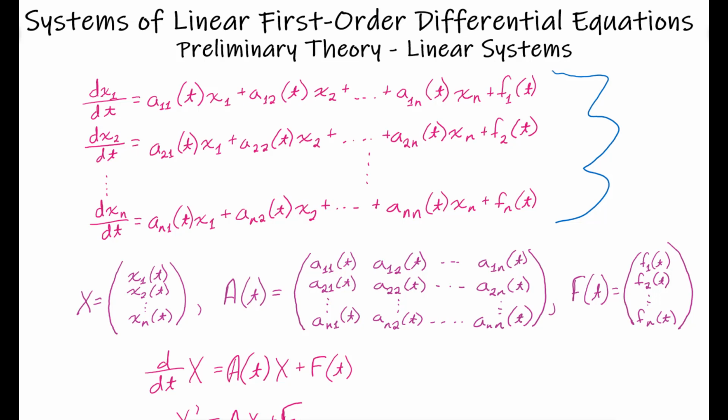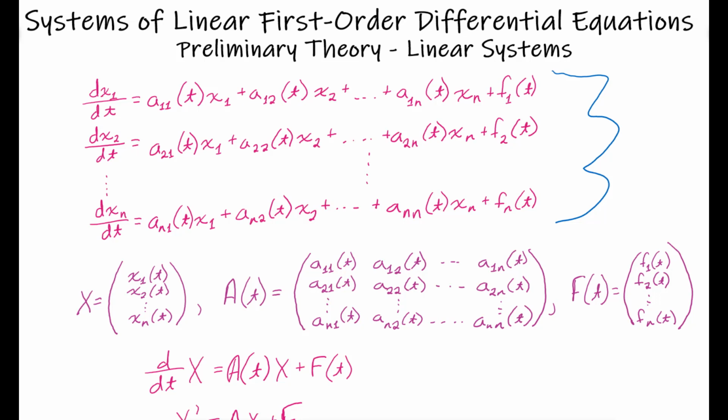And then we need all of those coefficient functions in our equation somehow, so we'll write all of those as a matrix. So this will be an n by n matrix with all of those a sub kk functions of t in it, all lined up nice the way they were in the system of differential equations. And then finally, we'll take all of those functions of t that don't have anything to do with x's, and we'll line them all up in a vector that's a capital F of t.